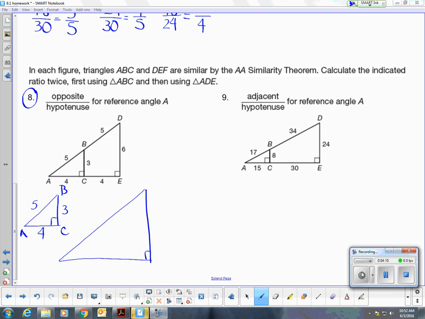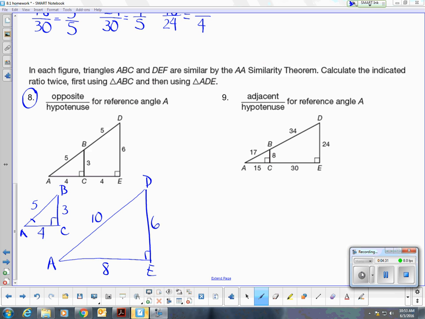In triangle ADE, segment DE is 6, segment AE is 8, when I put 4 plus 4 together, and segment AD is 10, adding 5 plus 5.